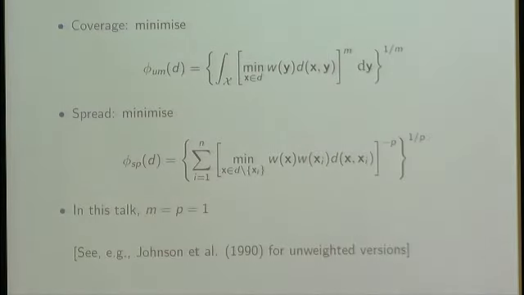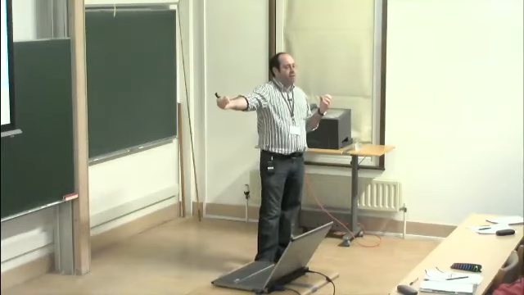So what we've got with the coverage designs, what we want to do there, remember, is we want to make sure that any point in our design region is as close as possible to a point in our design. So we look at taking the average across the whole design region of, you can think about this as the distance between our design and any point in our design region.